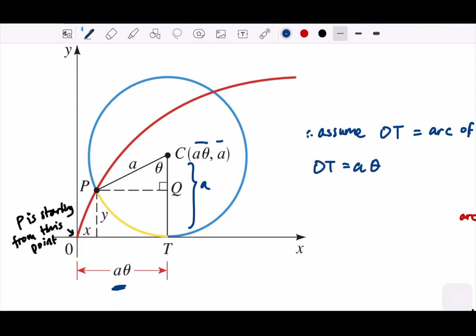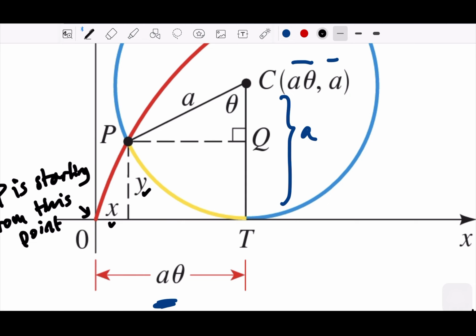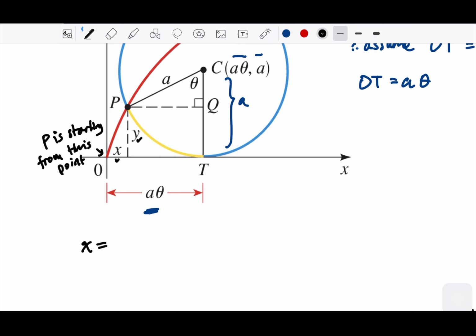And then we are going to describe the cycloid from point P. The cycloid has 2 components, of course, x and y. It's a coordinate. So x, if we see from the picture here, is equal to OT minus PQ. OT is A theta. PQ is related to the sine of the angle theta.